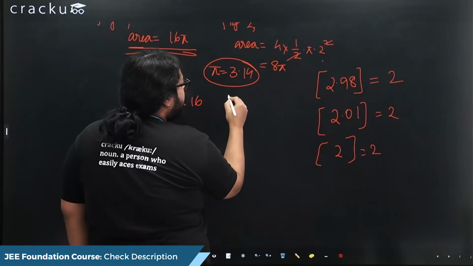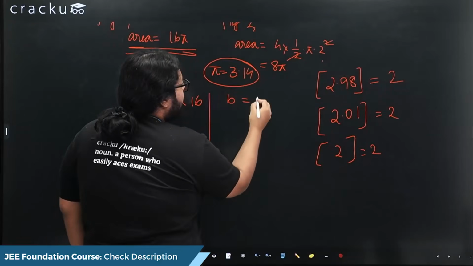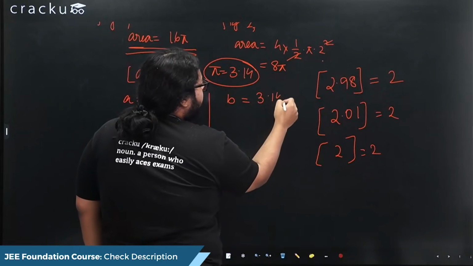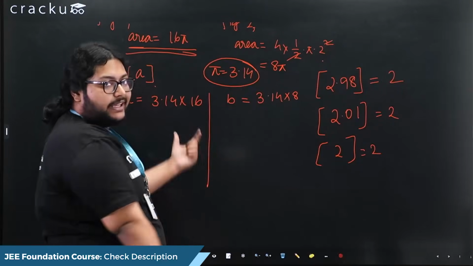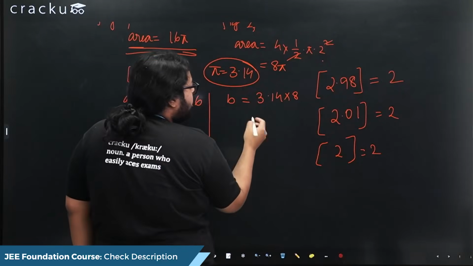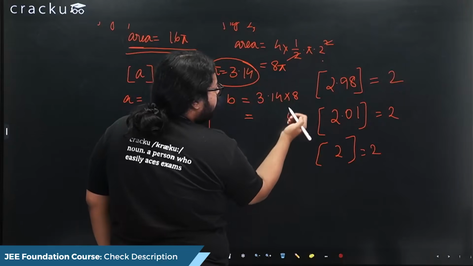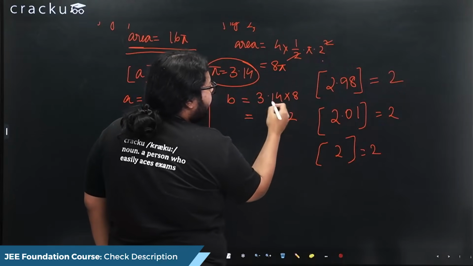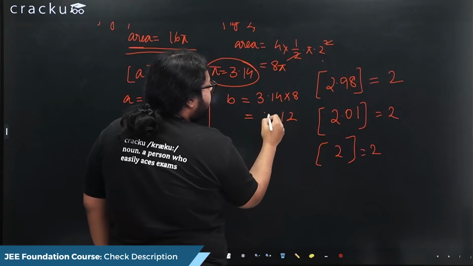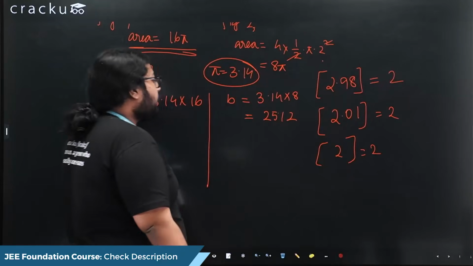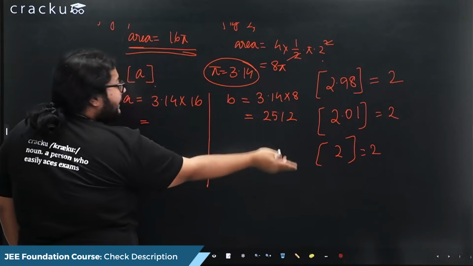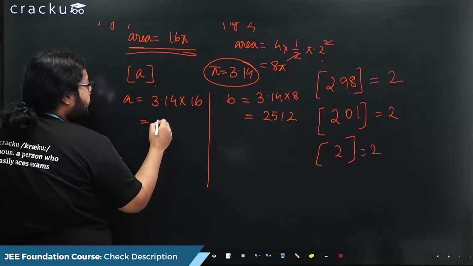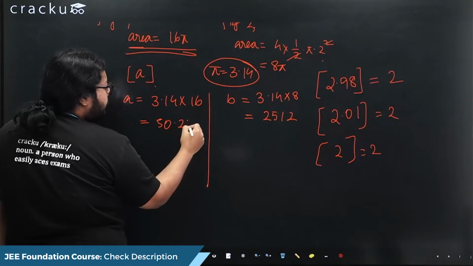And B here will basically be 3.14 times 8. Let's calculate this first because then I can just multiply it and get 16. So B will be 25.12, and A will basically be 25.12 times 2, which is 50.24.